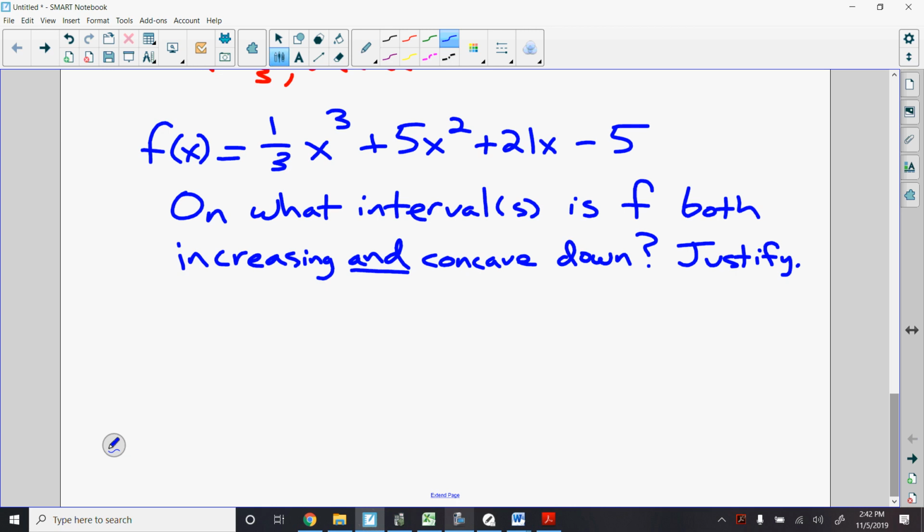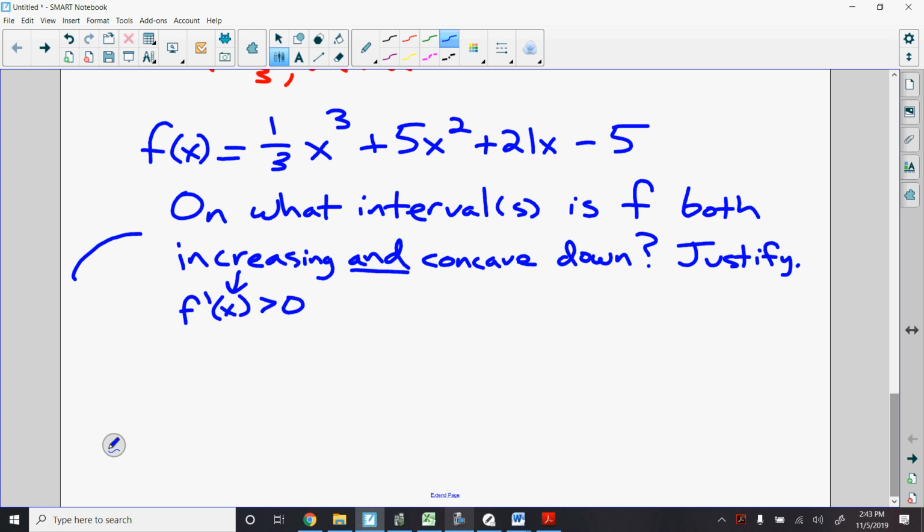Okay, so let's break this thing down. F needs to be doing two things. F needs to be increasing and concave down. That's going to look like going up, but frowning. It's going to look something like that. But let's think back to our definitions. What has to be true for f to be increasing? Well, f is increasing when f prime of x is greater than 0.